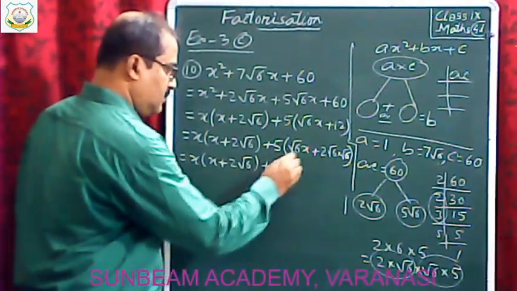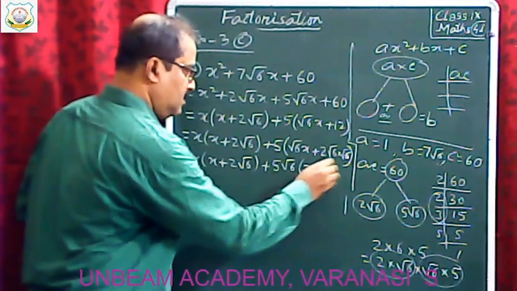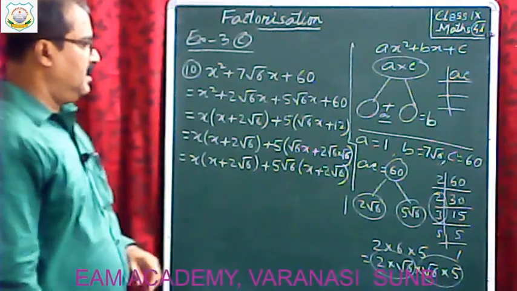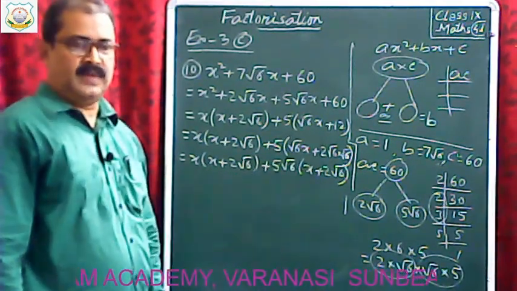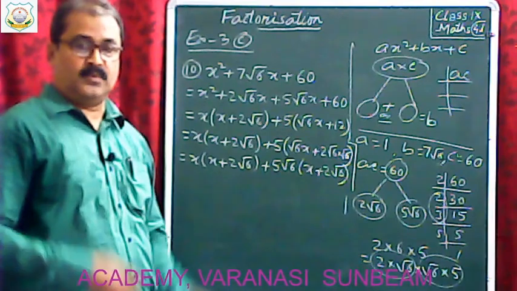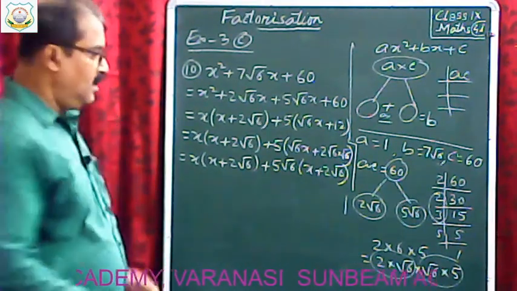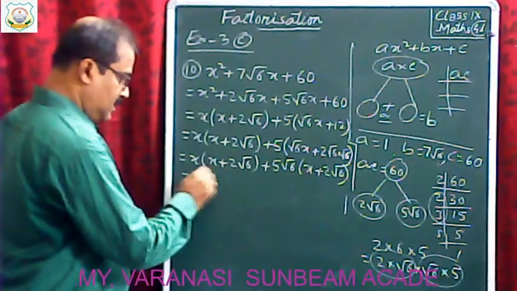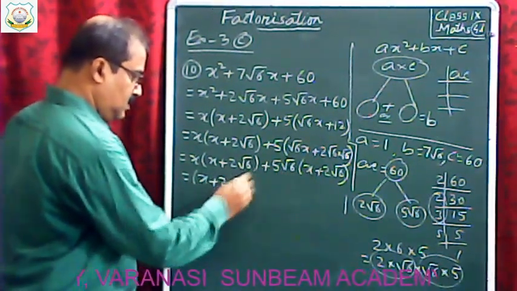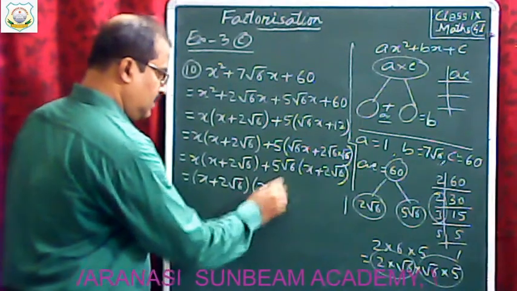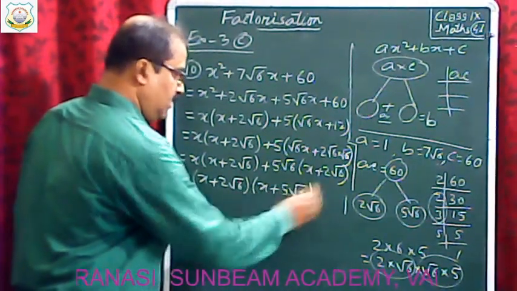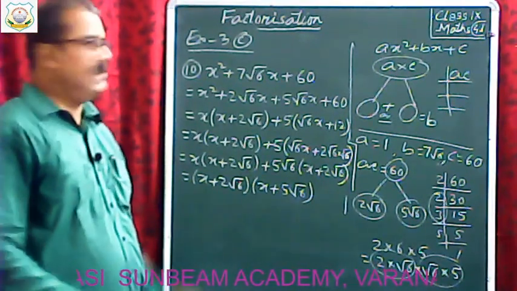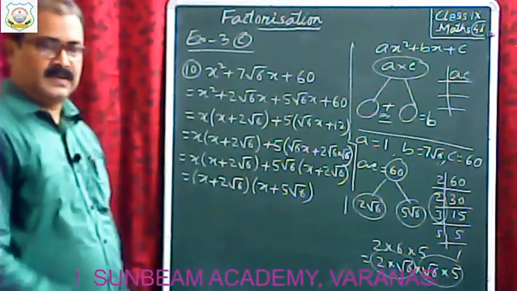From the second term, take out 5 root 6 common. So x plus 2 root 6. Isn't it? In this way you manipulate, because you have to factorize, you have to express a given polynomial as a product of polynomials. Now finally, x plus 2 root 6 we have as a common factor, take it out common, so x plus 5 root 6 is left within the bracket. Clear? In this way you have to split the middle term and factorize.